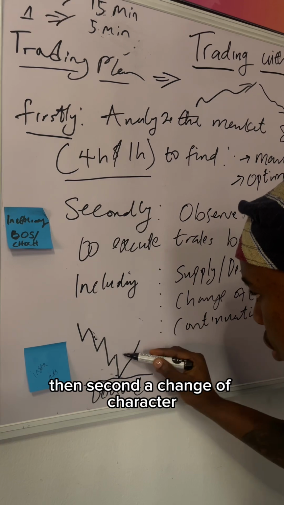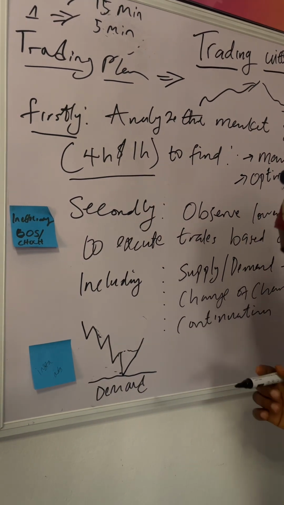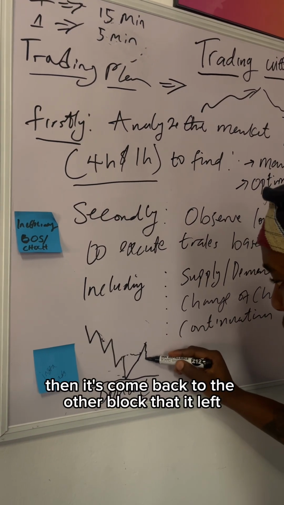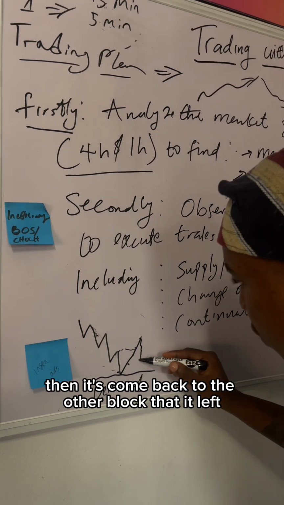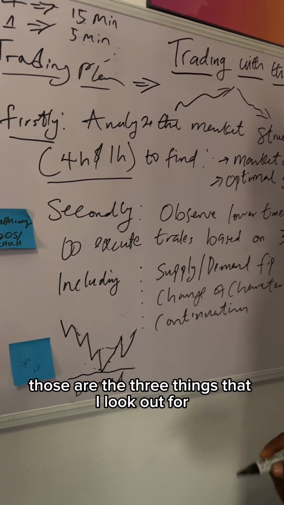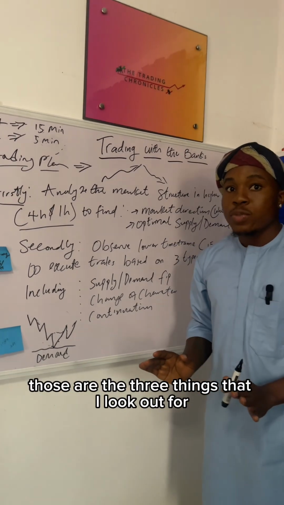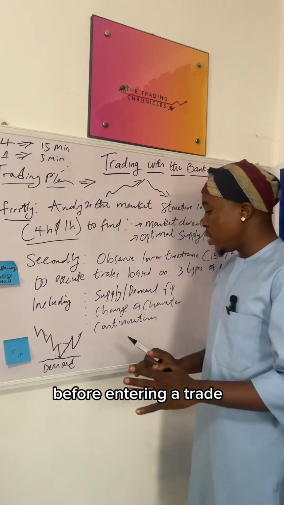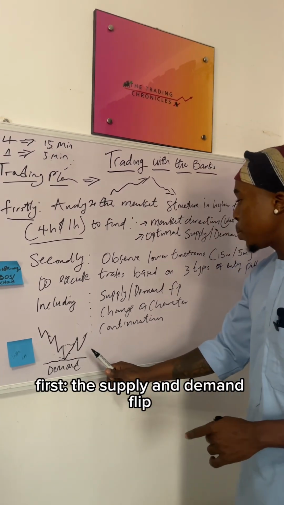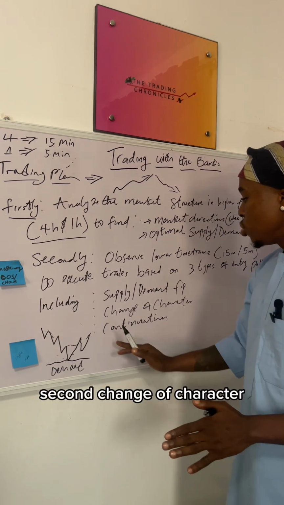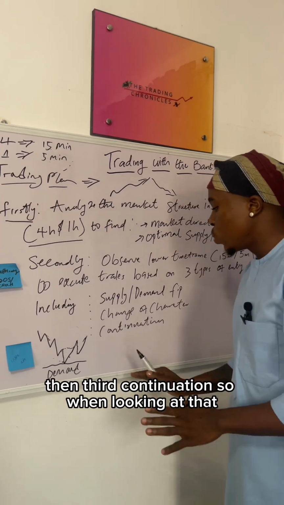Then second, a change of character. Then it comes back to the order block that I left, then continuation. Those are the 3 things that I look out for before entering a trade. Like I said, first the supply and demand flip, second change of character, then third continuation.